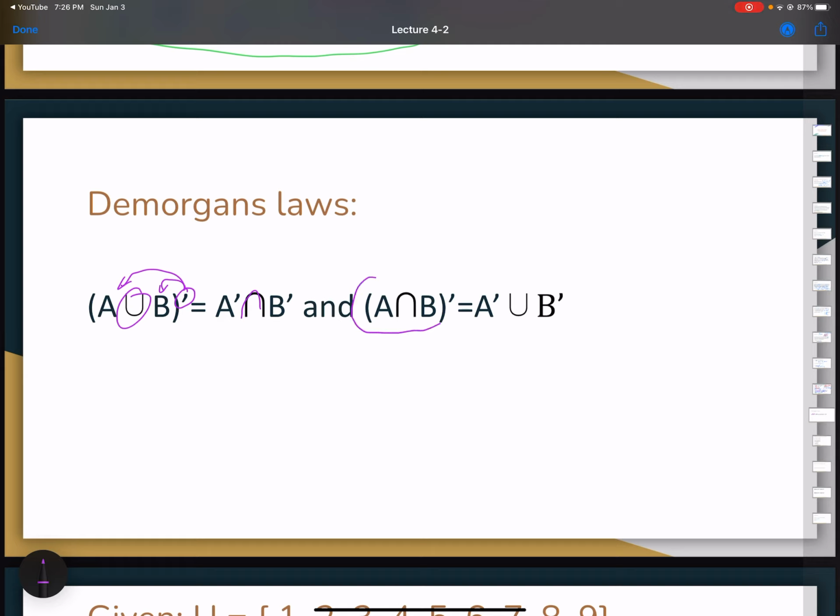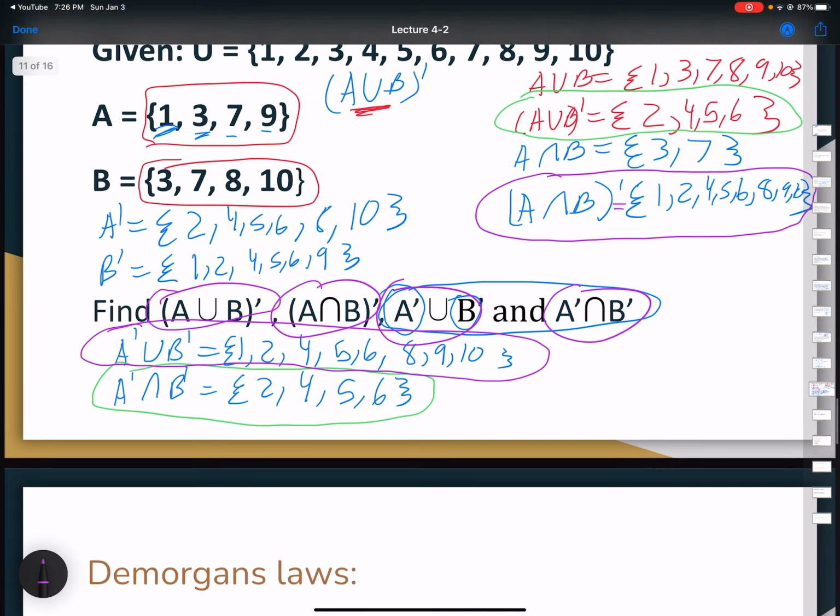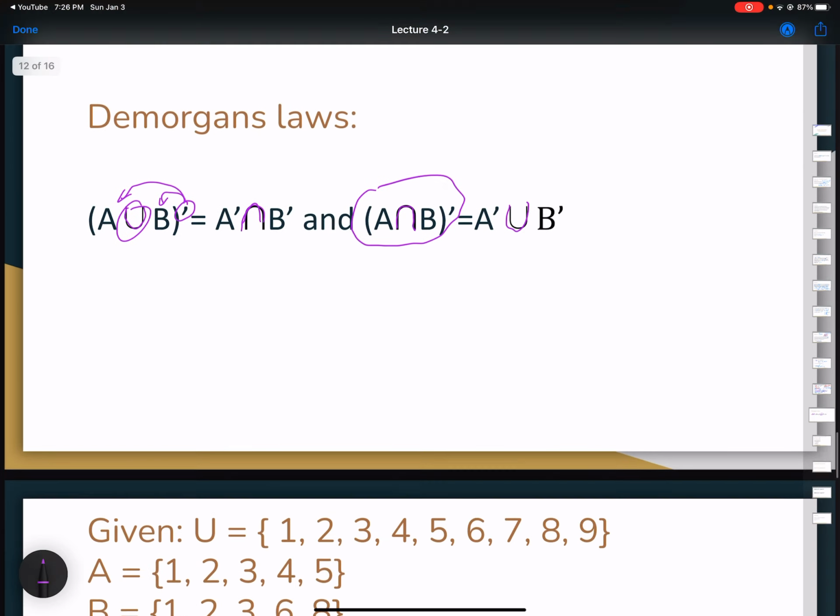And similarly here, same exact rule, the complement gets distributed and we go from an intersection sign to a union sign. Over here we go from a union sign to an intersection sign. And those are De Morgan's laws. They were proven on the last slide using an example.